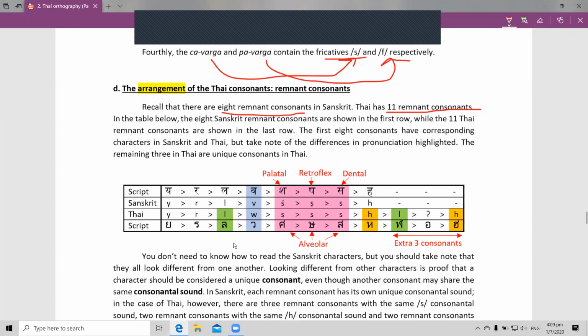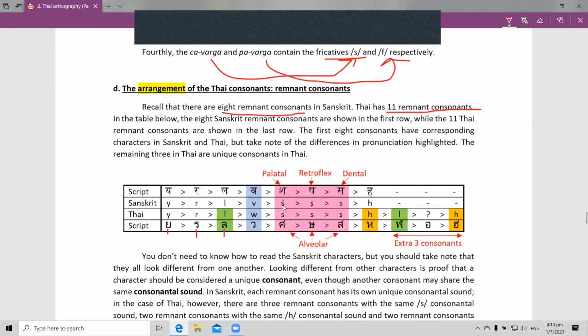Now, we will find some differences in pronunciation between the Thai remnant consonants and the Sanskrit remnant consonants. So I highlighted them over here. So in Sanskrit, the sibilants, the S sounds, are all pronounced differently. So we have the sha, the sha, and the sa.